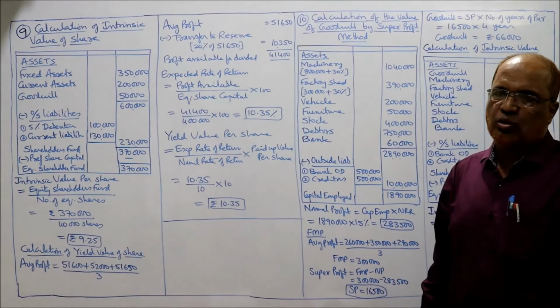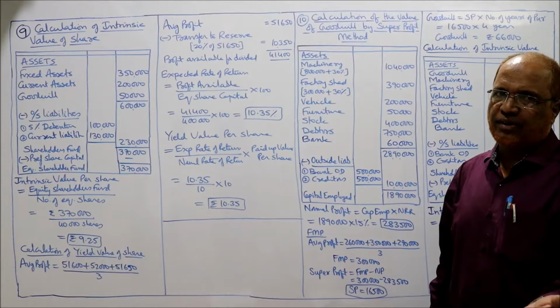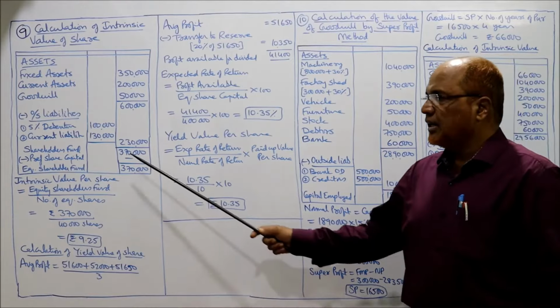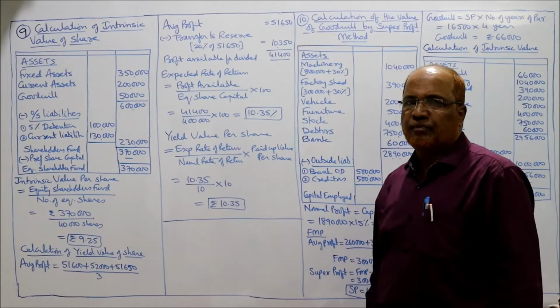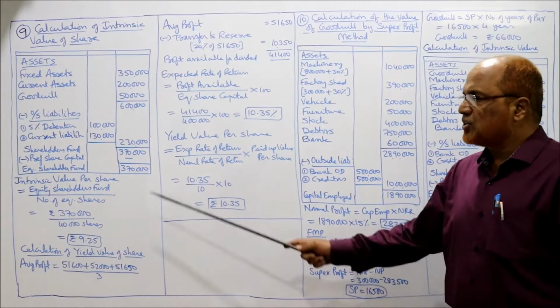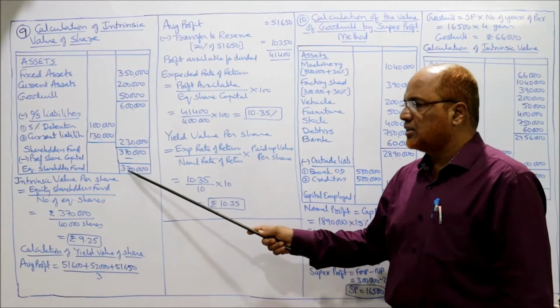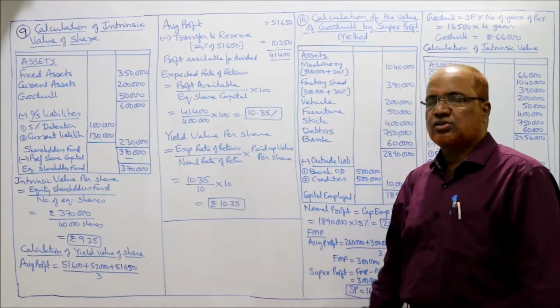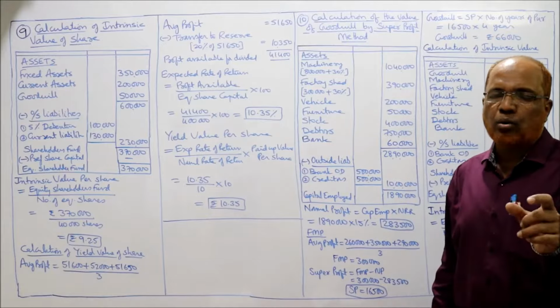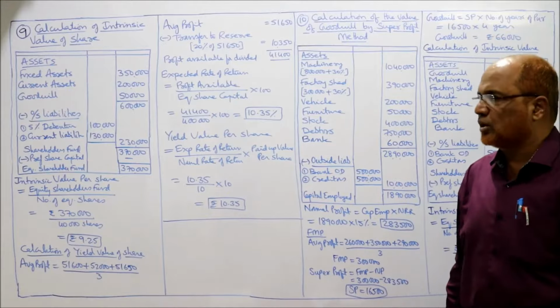Shareholders means all the shareholders, equity and preference. If there was preference capital, we would subtract it, but we don't have any preference capital. Then 3,70,000 is the equity shareholders' fund. This is the amount available for equity shareholders.